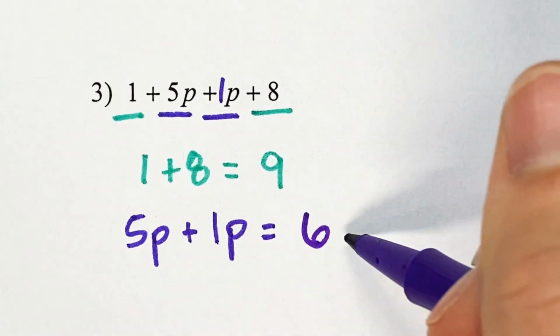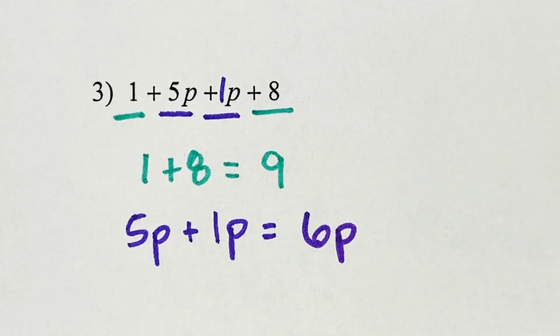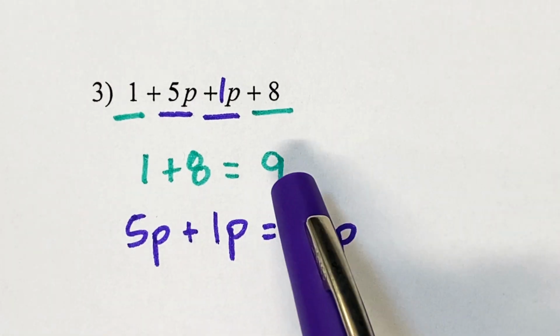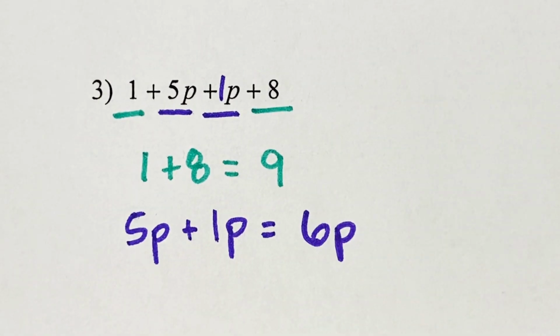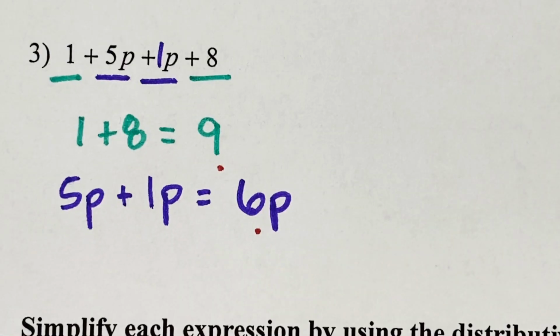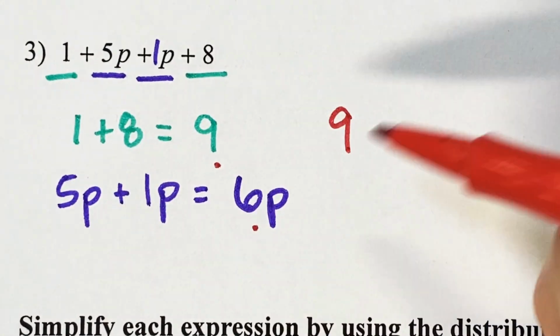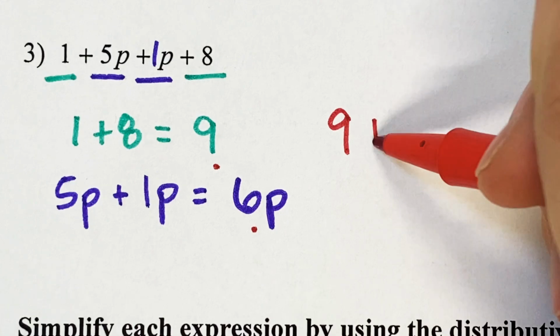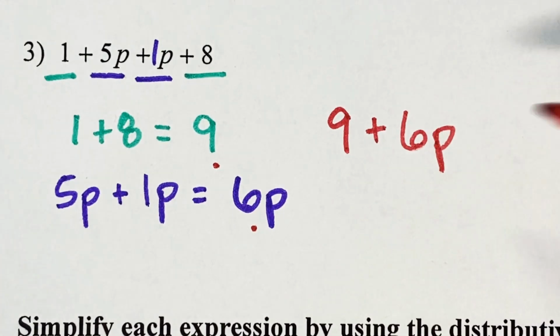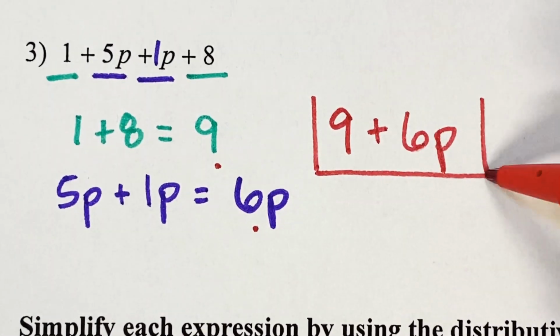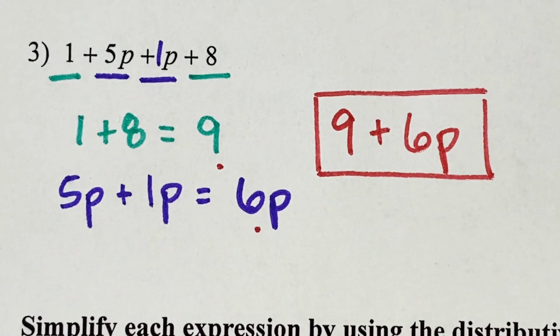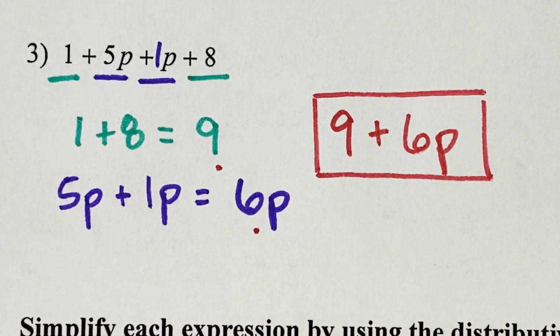It's going to give us 6p. Now we have 2 pieces of our simplified expression that we just need to write together. We write 9 and then a positive, so plus 6p. And there is our simplified expression.